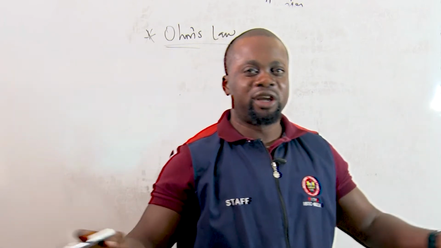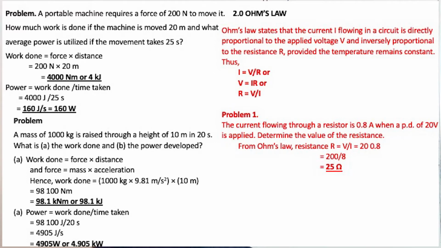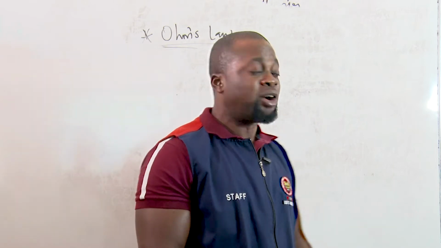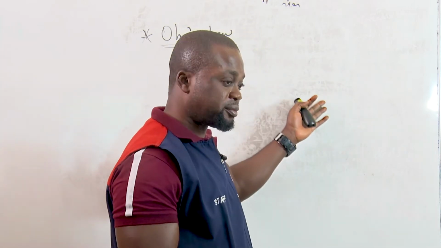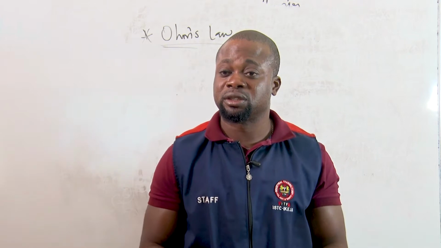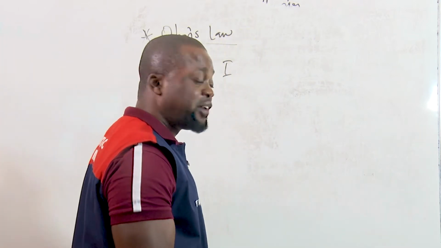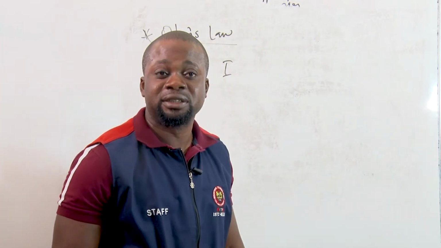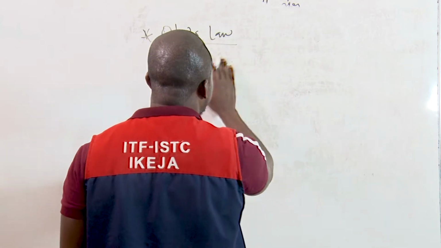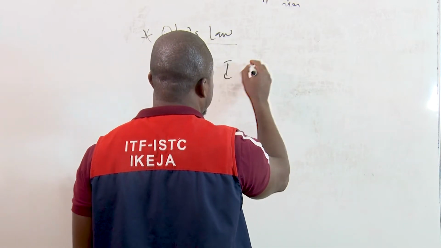Ohm's law states that the current I flowing through a metallic conductor is directly proportional, like we used to say in the old physics, to what? The potential difference, provided what? Temperature remains constant.